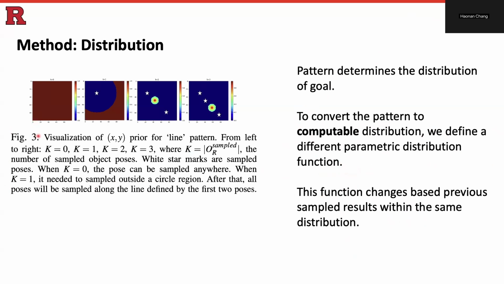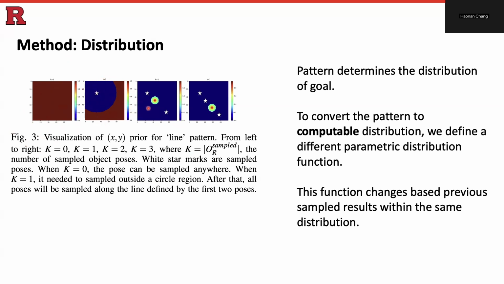A simple example here: I want to put 4 objects into a line. At the beginning, the first object can be placed anywhere within this plane. And for the second one, technically it can be anywhere, but for computational reasons, we require the second one to be within a radius of the first one.